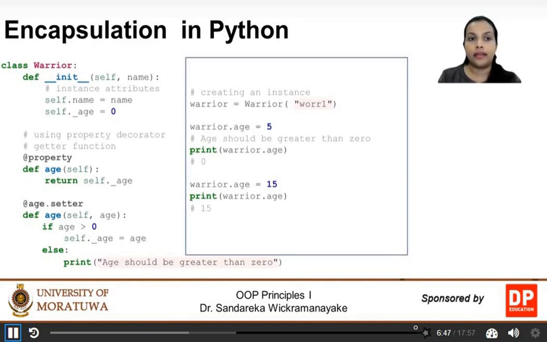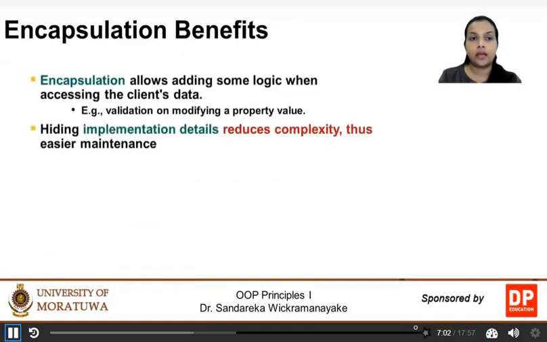On the other hand, other places in the code do not know about this validation logic. Due to the encapsulation principle, the logic inside the age setter is not visible to the outside. In summary, the main benefit of using encapsulation is that it allows us to add constraints and logic when accessing and setting values of private attributes.